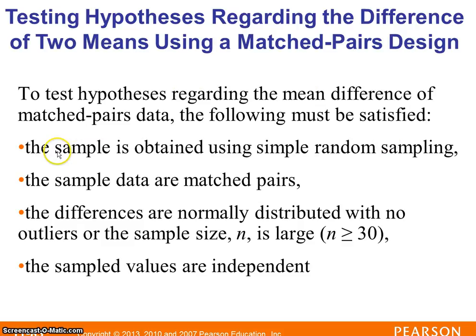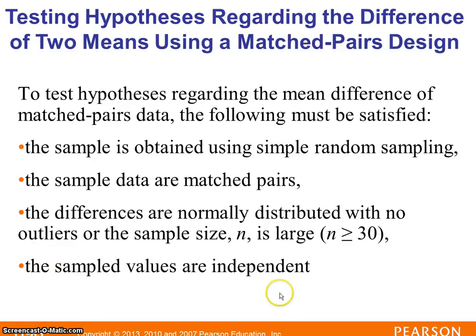But just to talk about this, the sample has to be a simple random sample. The sample data have to be matched pairs. The differences in this case are normally distributed with no outliers, or the sample size is large. In other words, n has to be greater than 30, because in that case you can essentially use the normal distribution anyway.